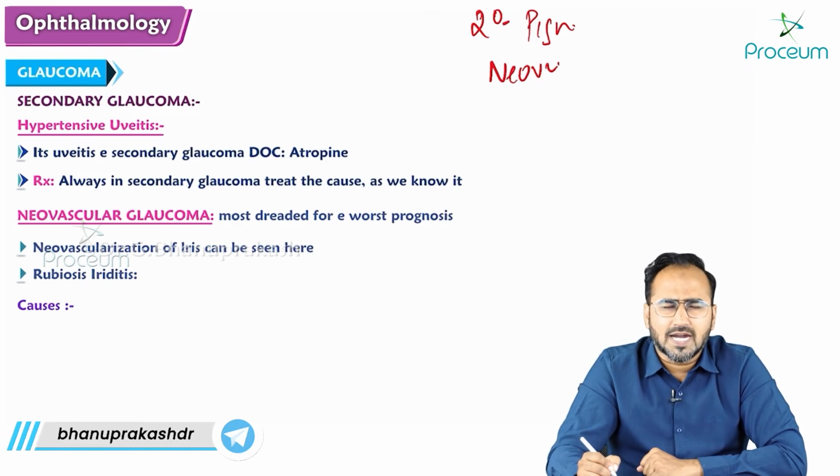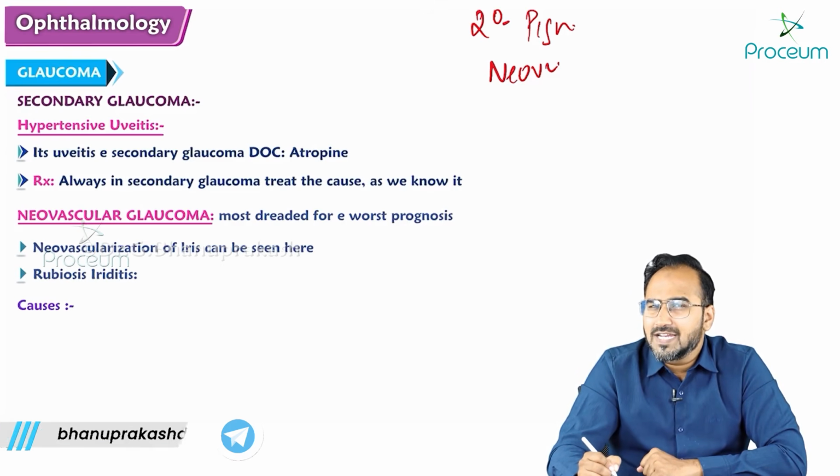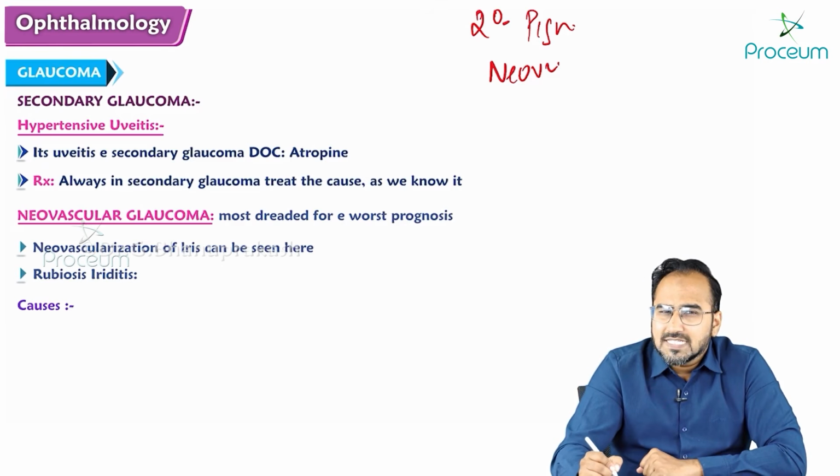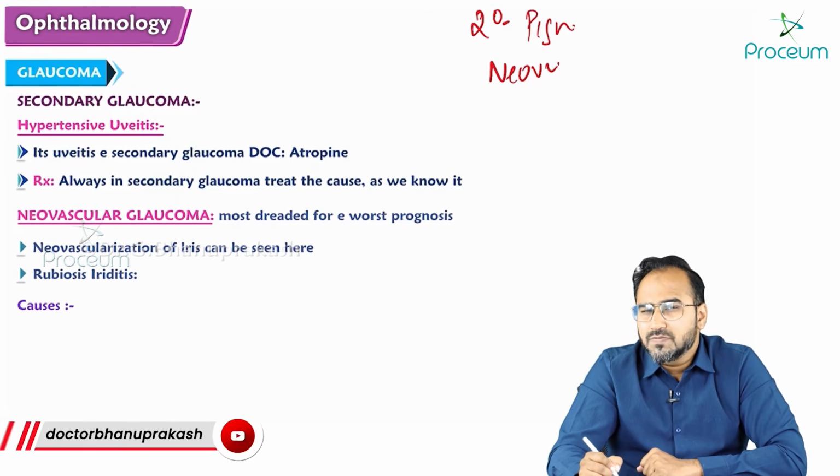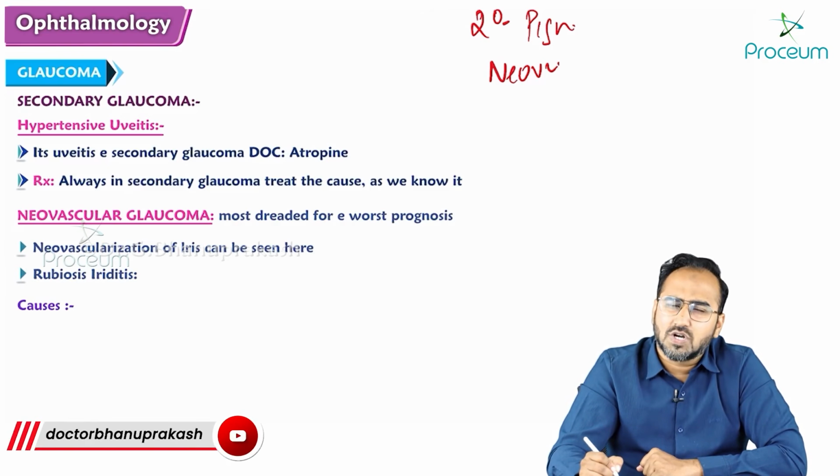CRAO is central retinal artery occlusion. CRVO is central retinal vein occlusion. Whenever such a condition is created, the iris senses hypoxia and produces VEGF. New blood vessels form on the iris, which is called rubeosis iritis.